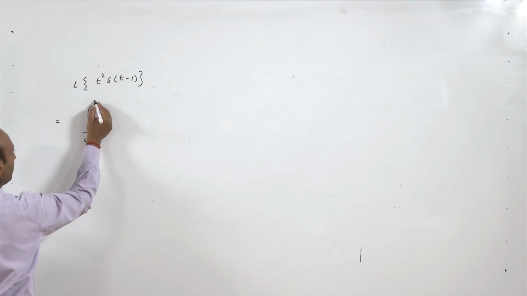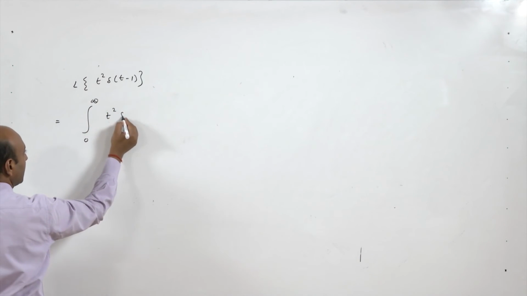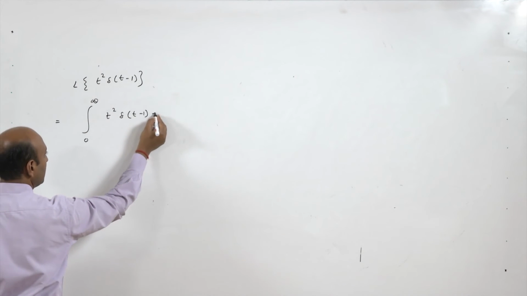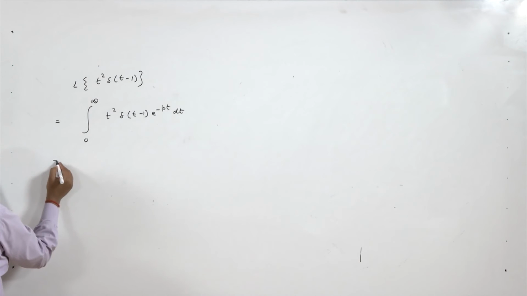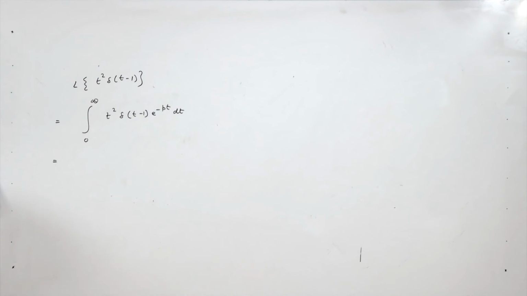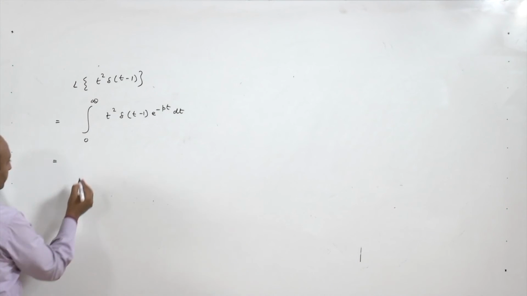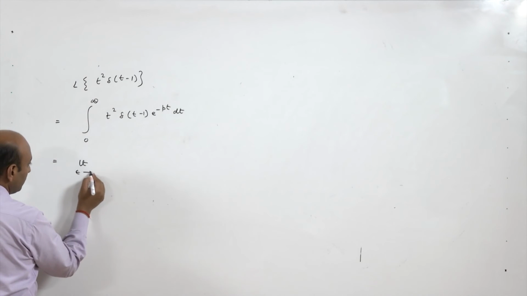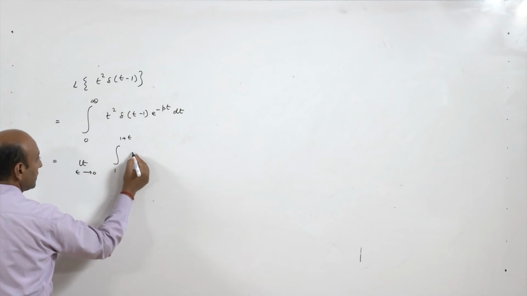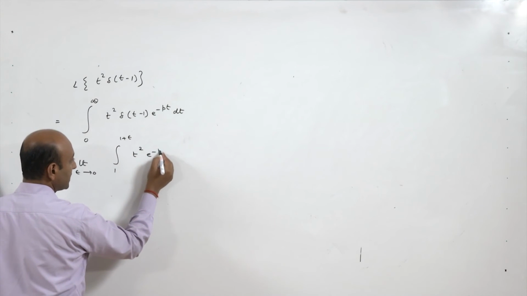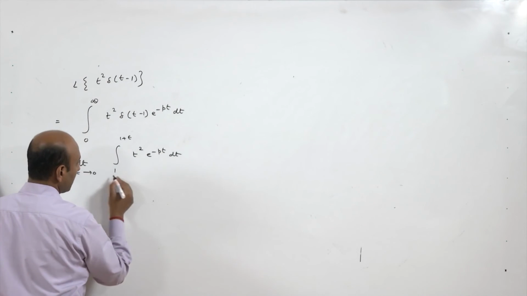It is integral 0 to infinity t square Dirac delta (t minus 1) into e power minus pt dt. And when you apply definition of Dirac delta, it is nothing but limit epsilon tend to 0 integral 1 to 1 plus epsilon t square e power minus pt dt upon epsilon.